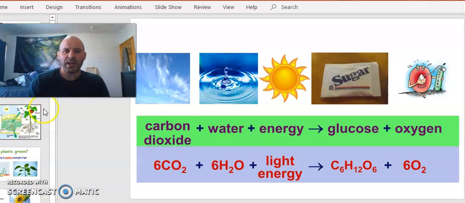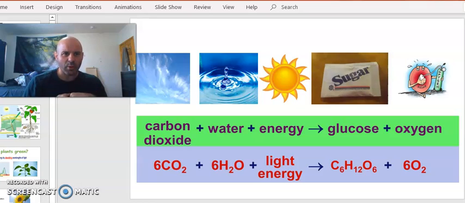The ingredients plants need: carbon dioxide, water, and energy from the sun. What they produce: sugar or glucose and oxygen as gas. So here we have it all in a simple formula: CO2 plus H2O plus energy, and then we get sugar, glucose, oxygen, gas.